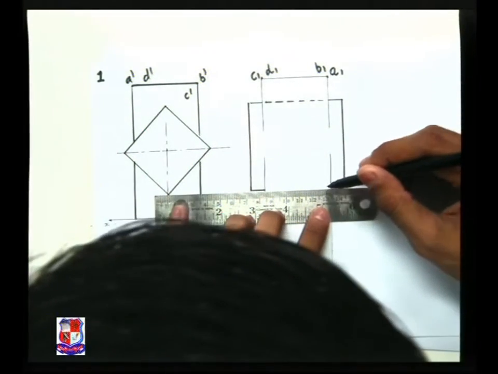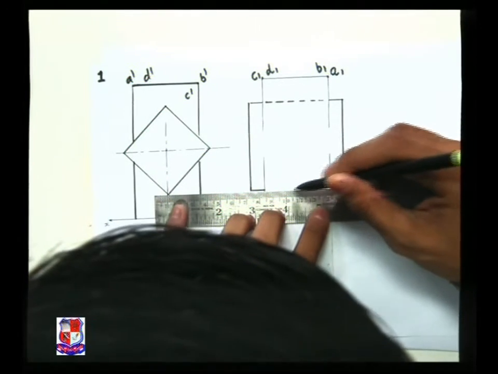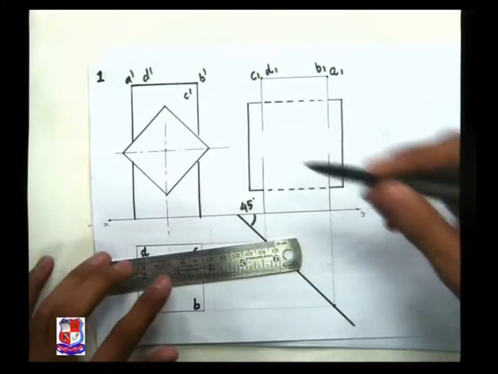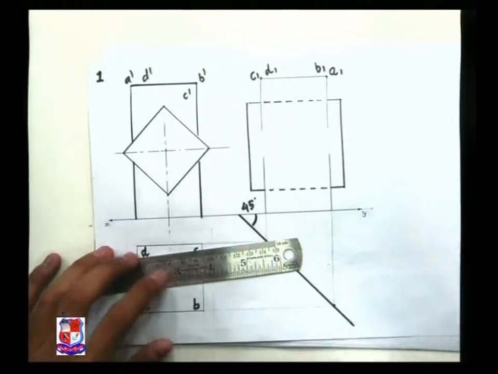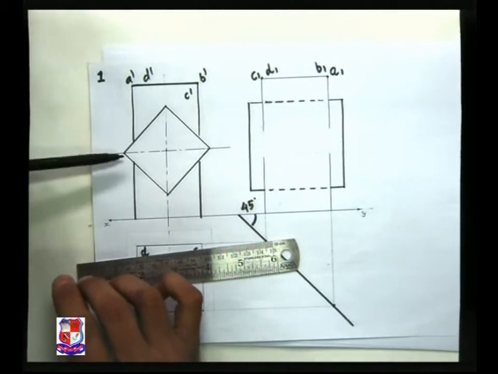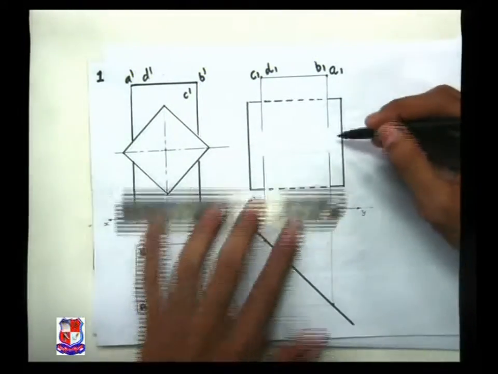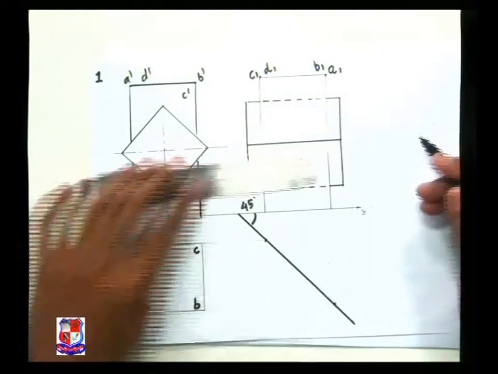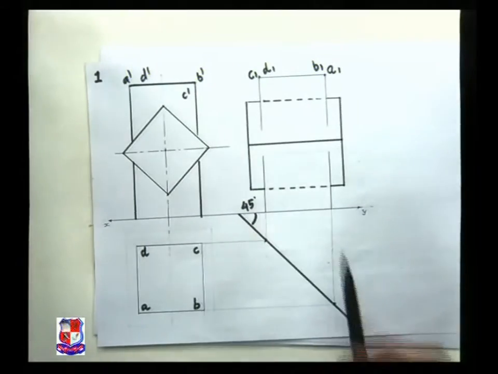Similarly, here also dotted line will be there, which represents the hidden edge of the penetrating solid. Here these edges are outside the solid, so if you look from this side, this edge would be visible. So this edge would be fully visible, which should be drawn with the full line from one end to another end. So this is drawn.